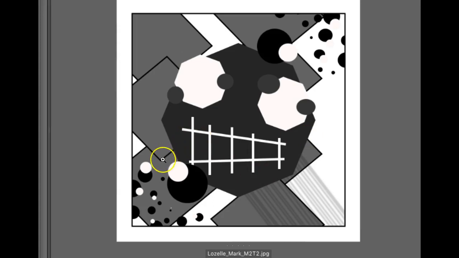Something else I might try too is, when you work with outlines around shapes, in general I'm not a fan of outlines around shapes, just because I think it stops designs from interacting with each other. They sort of stop the flow.